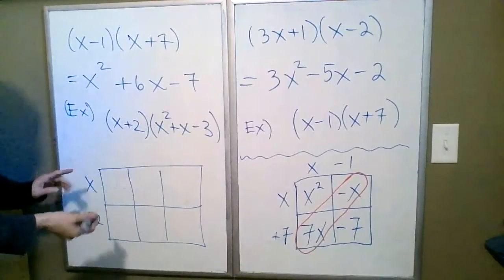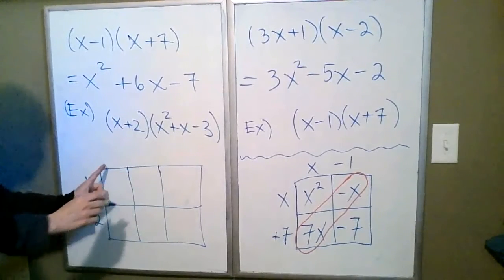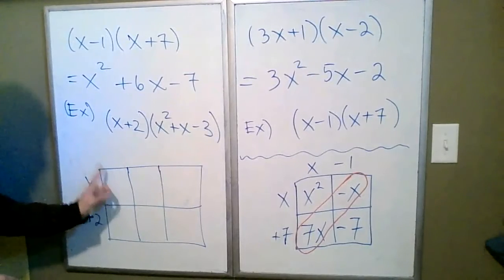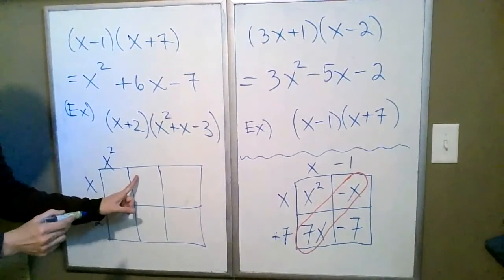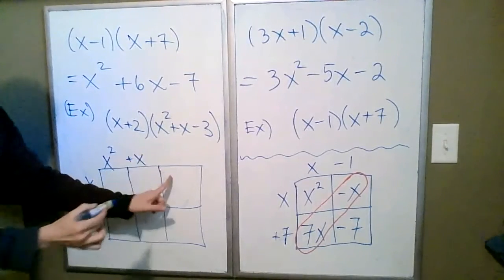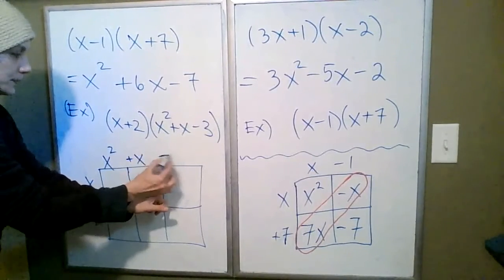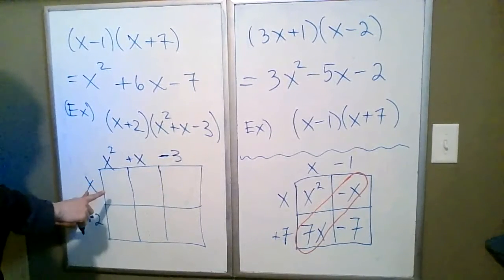Yeah, it's fine. I think we'll just kind of make it clear that we're labeling this guy. It's x squared for the first part. Positive x right here. And a negative 3 right here. And then we fill this in with x times x squared, which is x cubed.